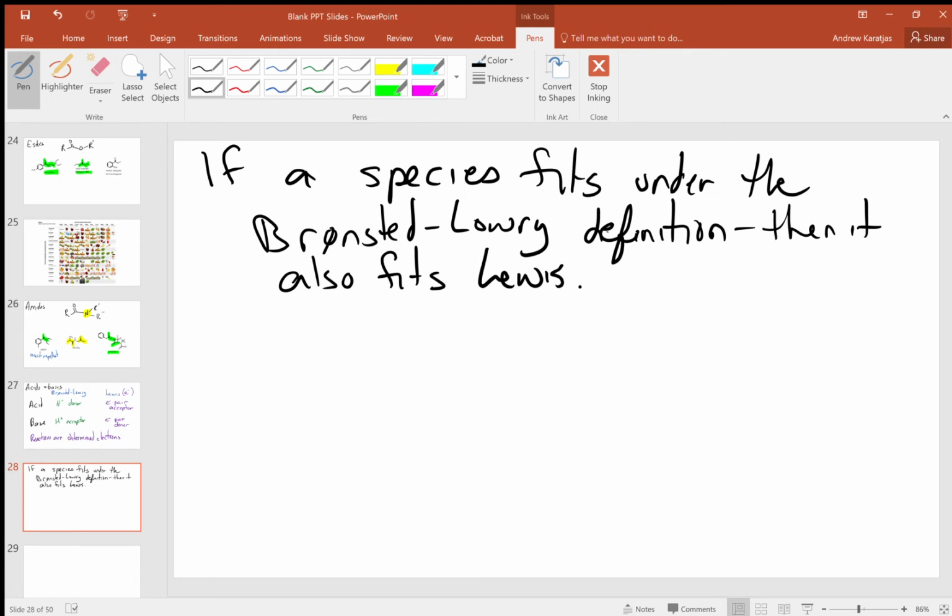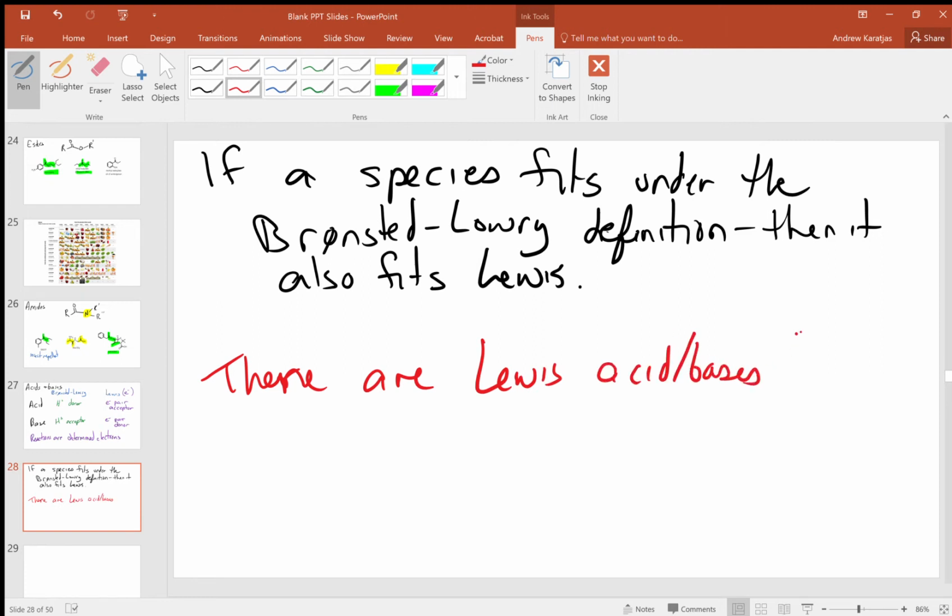So in other words, if a compound is a Bronsted-Lowry acid, it will always be a Lewis acid. And if a compound is a Bronsted-Lowry base, then it will always be a Lewis base. However, we can't say the same thing in the other direction. So there are Lewis acids and bases that are not Bronsted-Lowry.